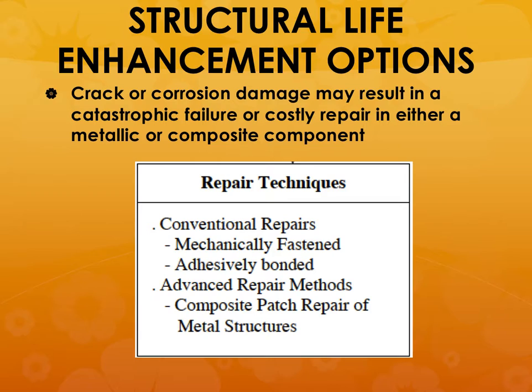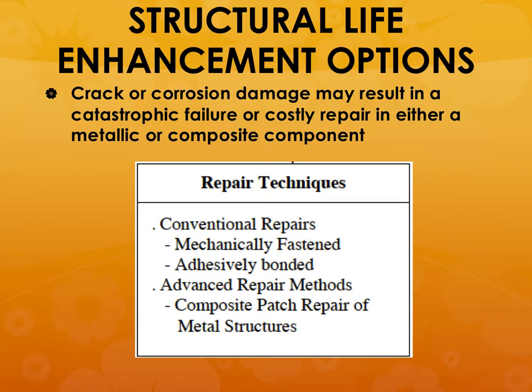So, what types of structures can be repaired? Especially if there is a crack or corrosion damage, it can create catastrophic failure or costly repair in either a metallic or a composite component.